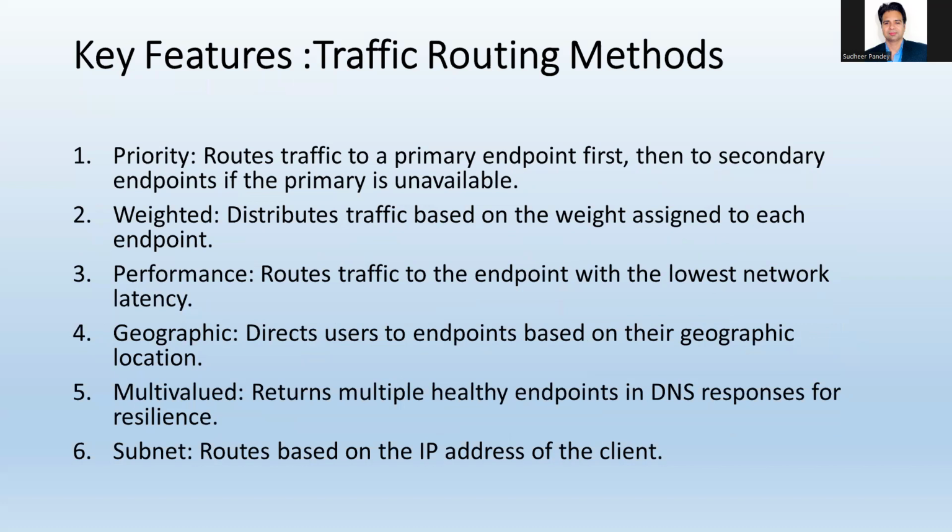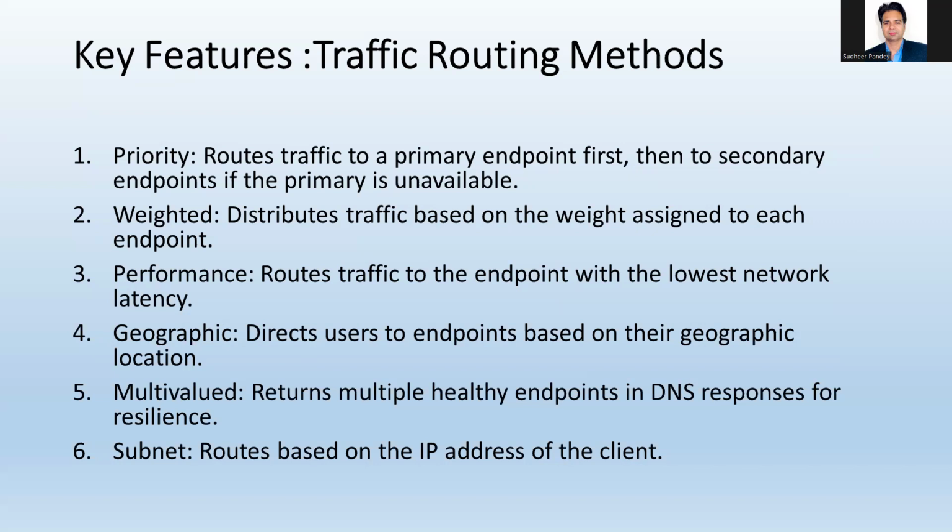Prioritize routes traffic to a primary endpoint first, then to the secondary endpoints if the primary is unavailable. Let's say for one side, the DC and DR model is one, right? Data center and disaster recovery center. These are the first model where you can consider this. Obviously, I'm going to explain the relevancy and use cases in a later part of our slides.